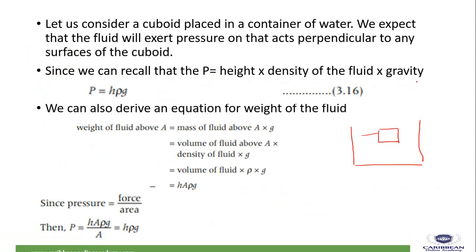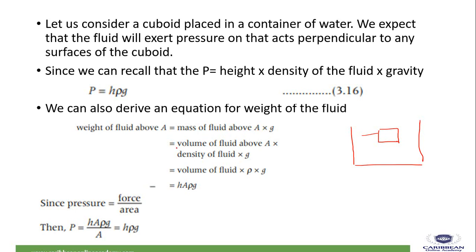Now, since we can recall that pressure is equal to height times density of the fluid times gravity, we can derive an equation for the weight of the fluid. Now, we know that the weight of the fluid is equal to mass of the fluid times gravity. We said that already. Good.